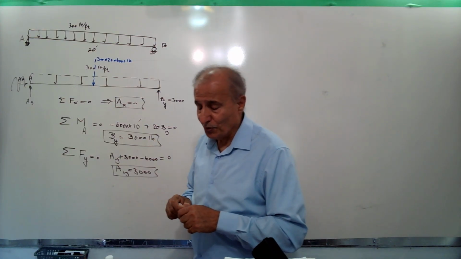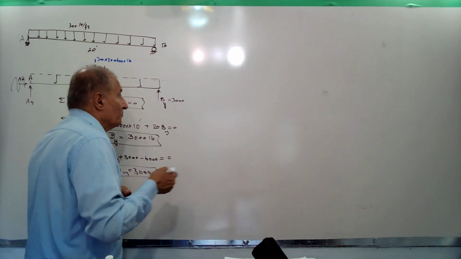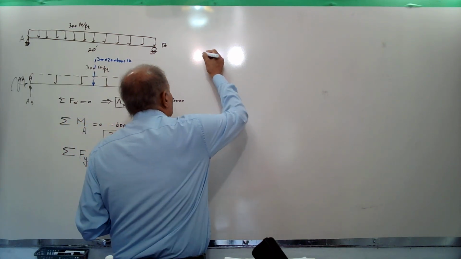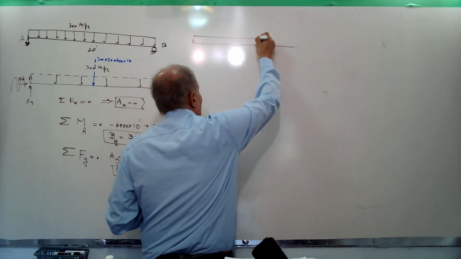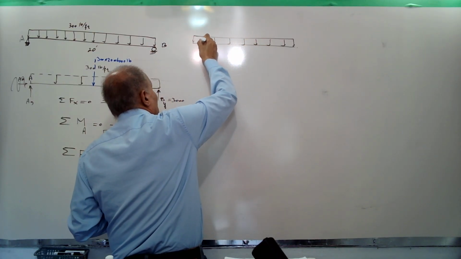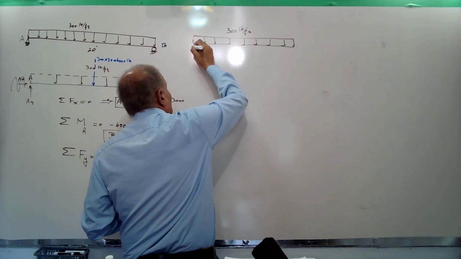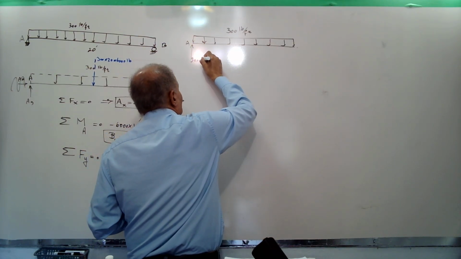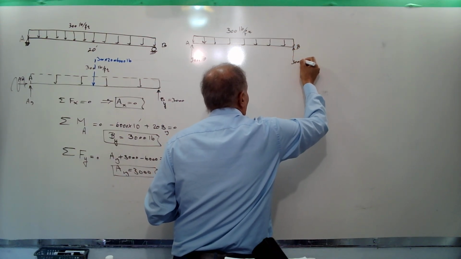After that, we return to the free body diagram, but showing the distributed force again on the beam: 300 pounds per foot, and here at A, 3,000 pounds, and here at B, 3,000 pounds.